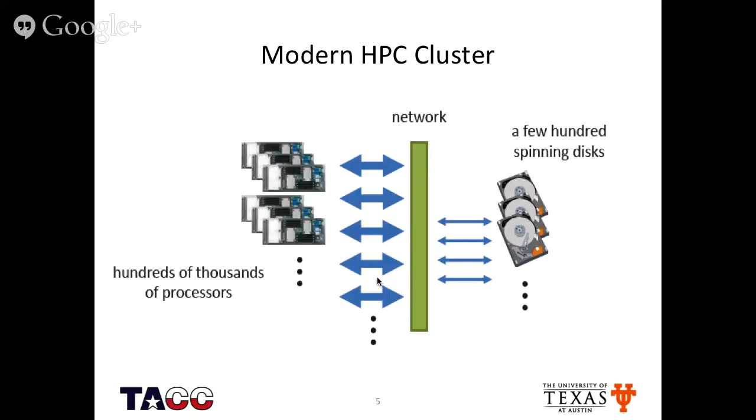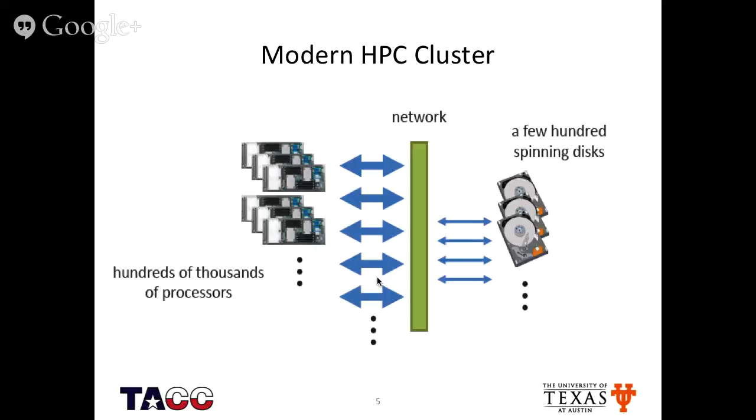So let me give you a brief overview of the modern HPC cluster. You would see that you have a bunch of processors, like hundreds of thousands of processors, and those are connected via a fat arrow, I'm saying arrow at the moment, through the network, and then a lot thinner arrows to the few hundred spinning disks.